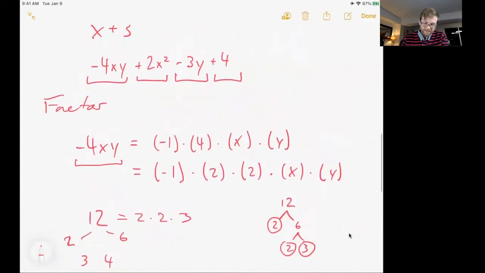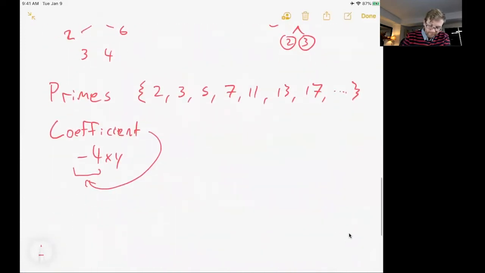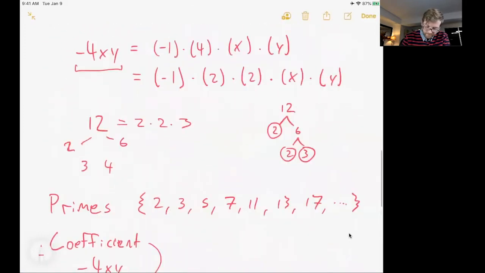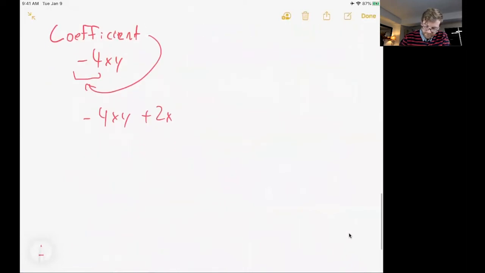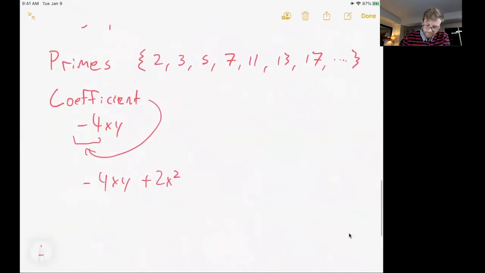So this is the coefficient of the term negative 4xy. If we take some other thing, let's say, here, I'll take this whole thing: negative 4xy plus 2x squared minus 3y plus 4.